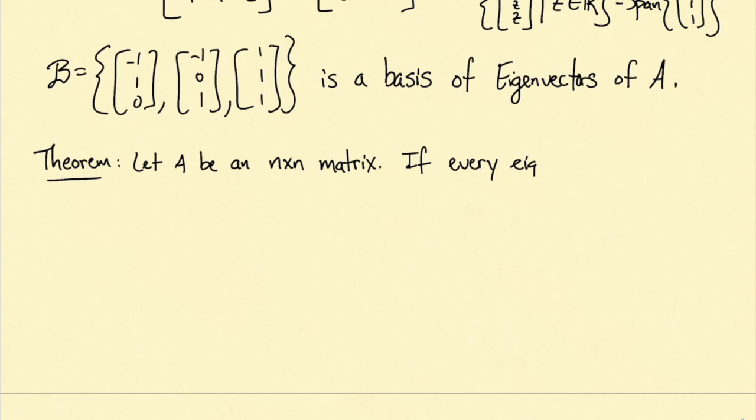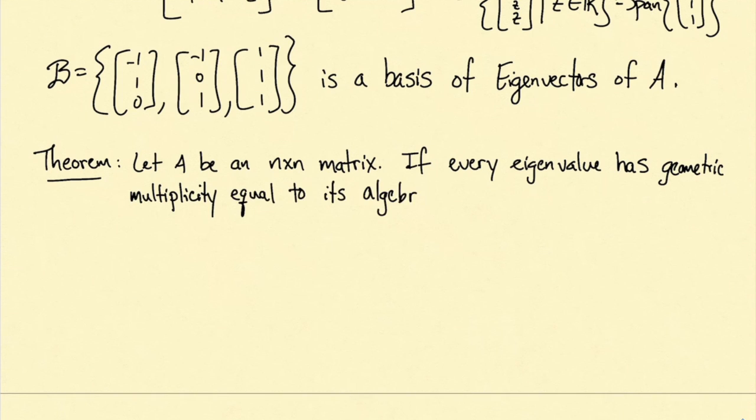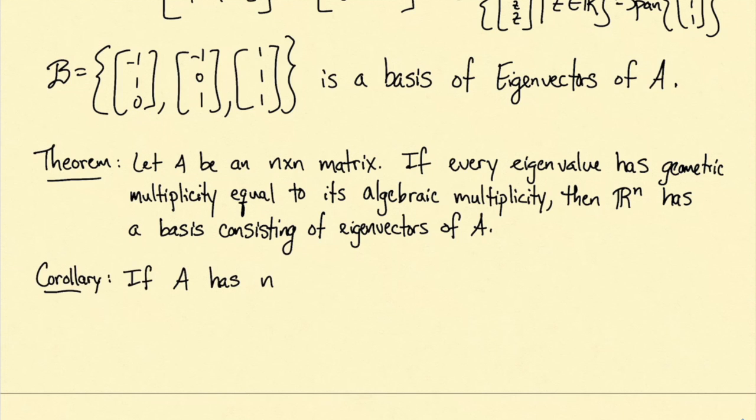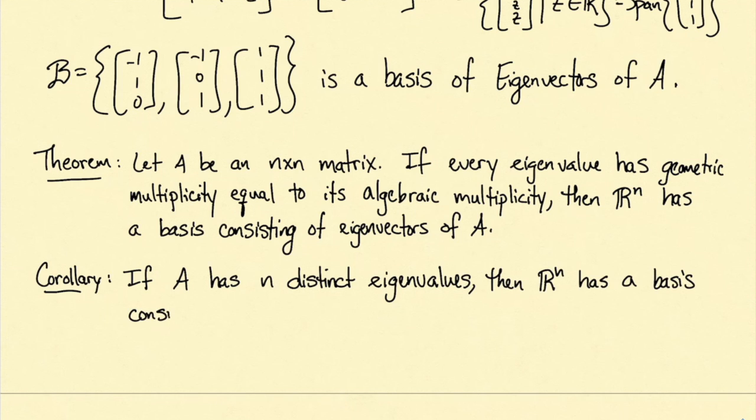If every eigenvalue has geometric multiplicity equal to its algebraic multiplicity, then Rn has a basis consisting of eigenvectors of A. A particularly nice and oddly common way in which this happens is when the eigenvalues are distinct. If A has n distinct eigenvalues, then Rn has a basis consisting of eigenvectors of A.